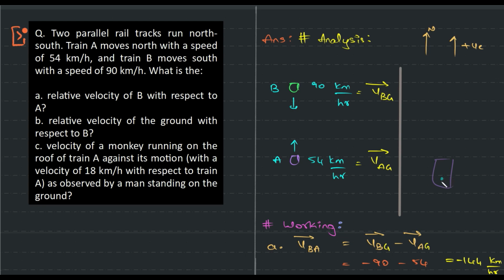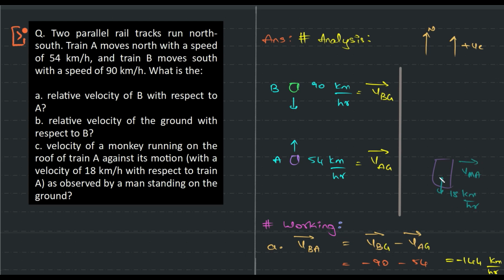Against its motion means it's running down, with a velocity of 18 km per hour with respect to train A, as observed by a man standing on the ground. So this would be the velocity of the monkey with respect to A. It will be 18 kilometers per hour.